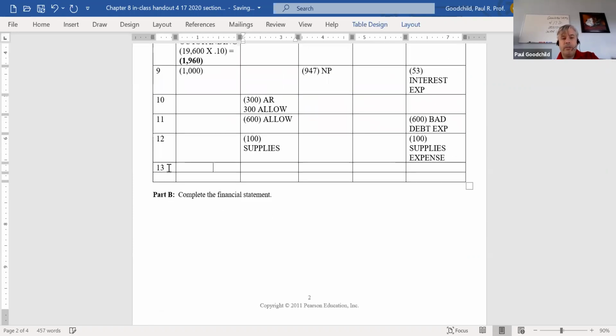So 13, we're going to reduce our prepaid insurance by 300 and record a 300 insurance expense.